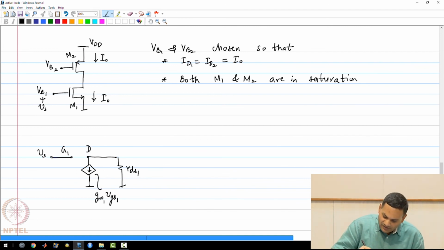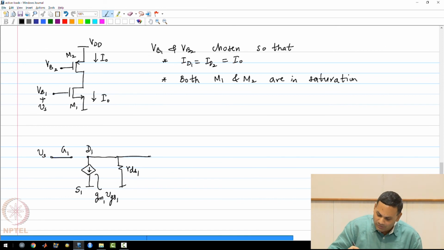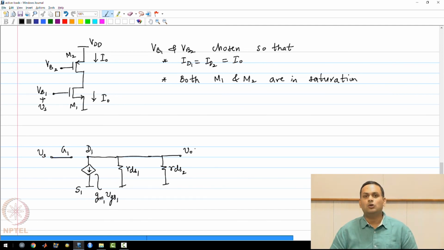So this is the drain of M1. This is of course the source of M1. Now please note that the drain of M1 is connected to the drain of M2, which also happens to be the output voltage VO. Now what happens to the current source of M2, the voltage controlled current source?